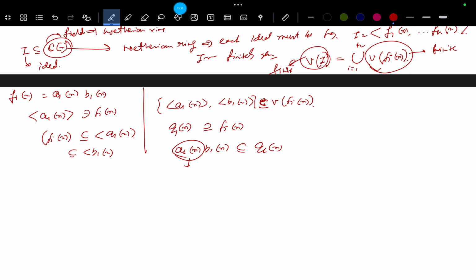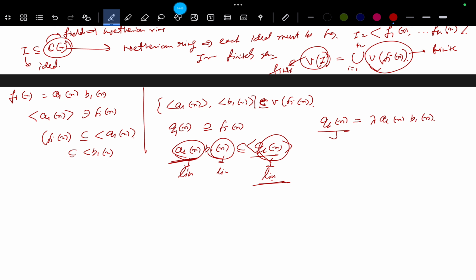Remember that a_1(x) is linear, b_1(x) is linear, and q_1(x) is also linear. So q_1(x) must be of the form something like λ times a_1(x) times b_1(x).